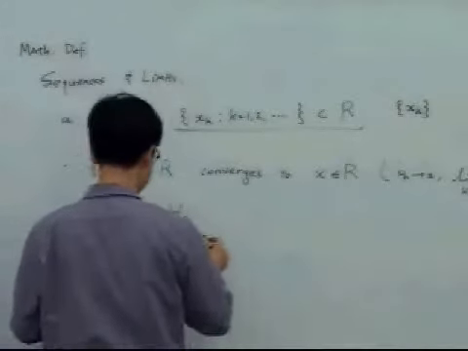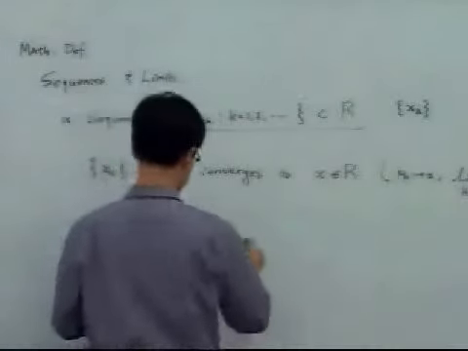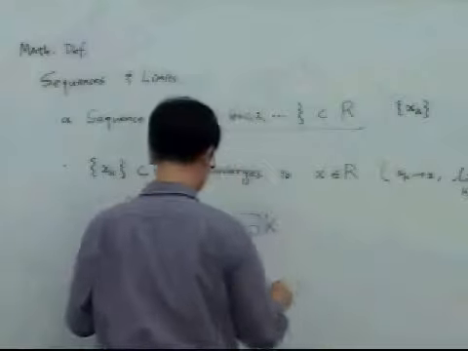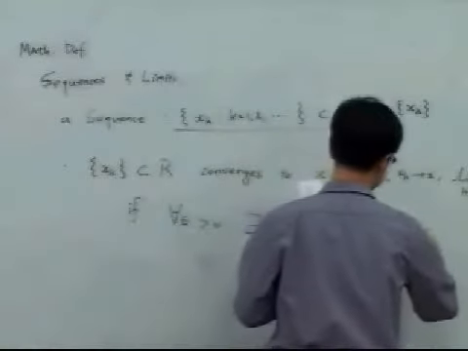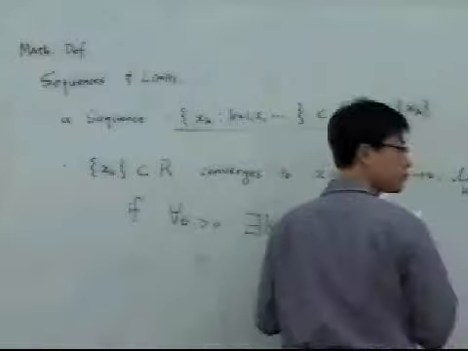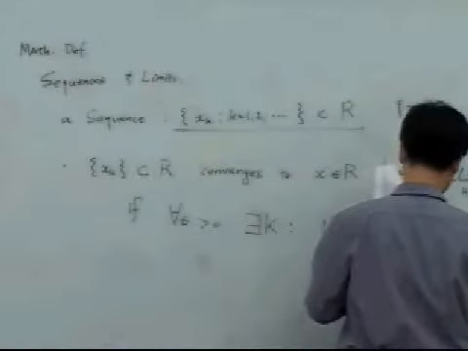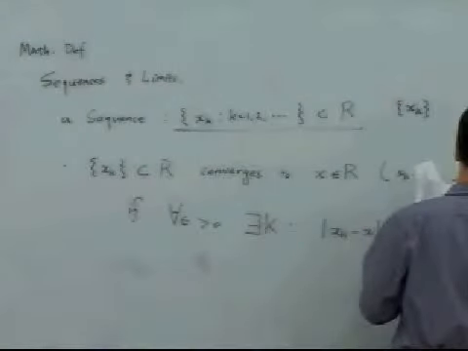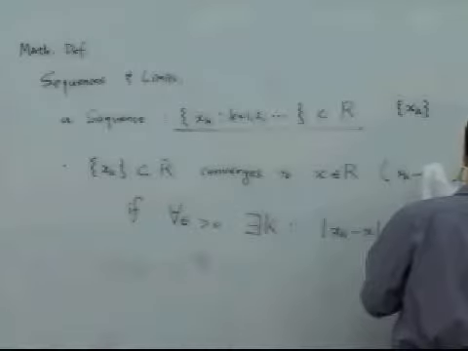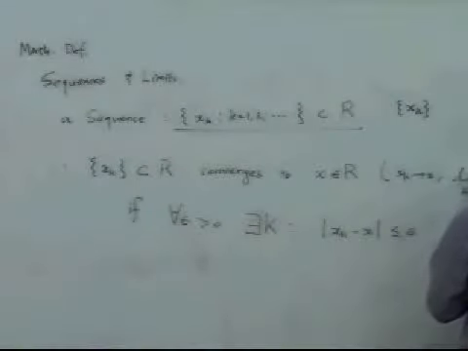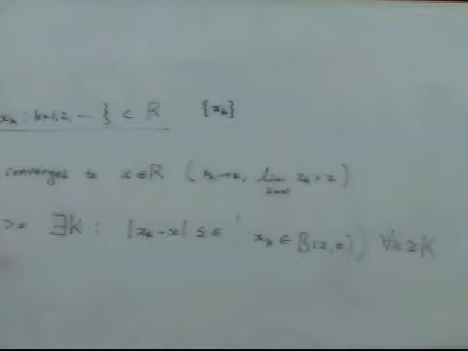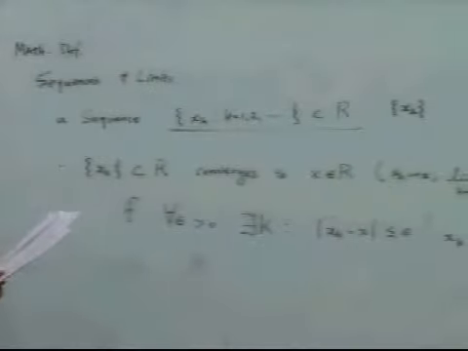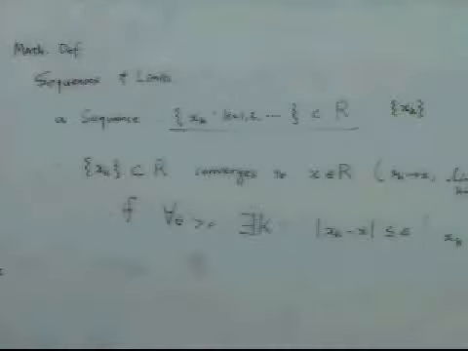For all epsilon greater than 0, there is some large K such that |x_k minus x| is less than that epsilon, or equivalently, x_k is inside of this ball, for k greater than large K. That's the definition of limits. Straightforward, right?